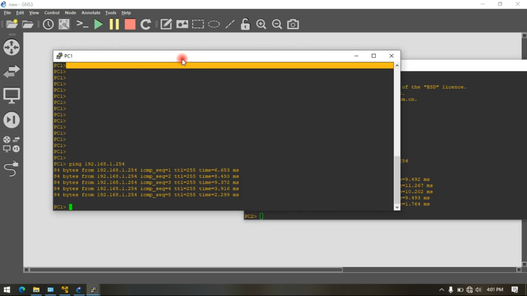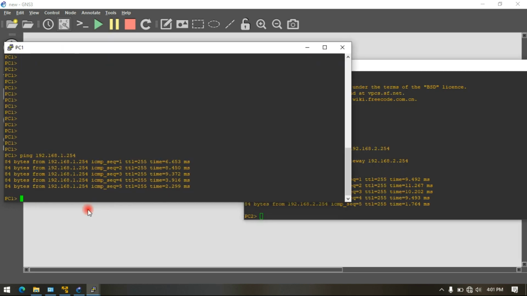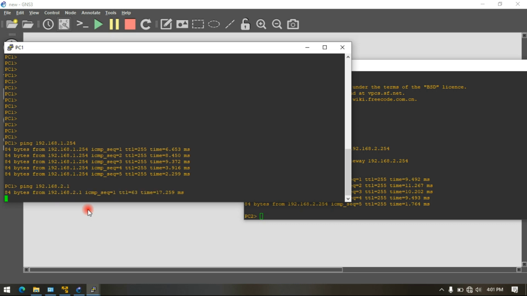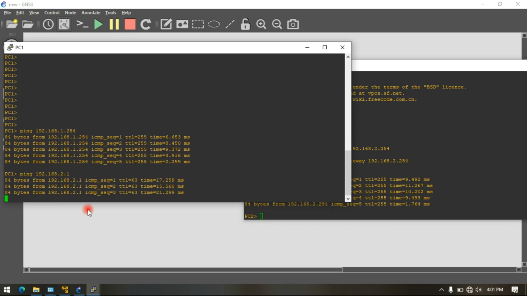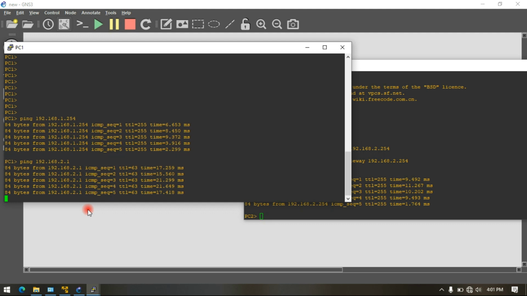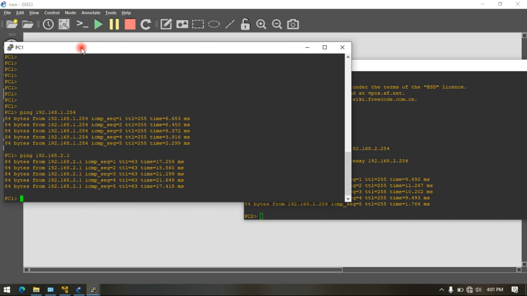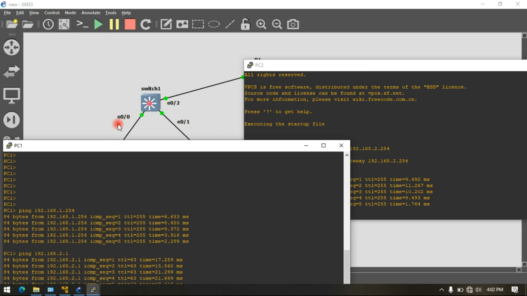So let's do a cross ping to see if it will work. Ping PC2. First, let's ping 2.1, and it's working. It's working because inter-VLAN routing is routing traffic from network 1.254 to the second network, which is the 2.254 network.